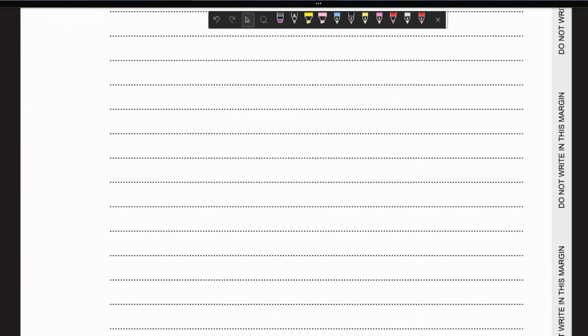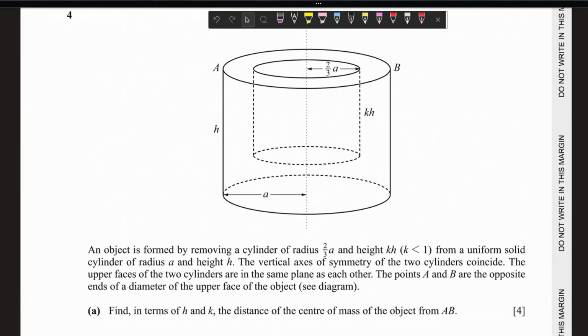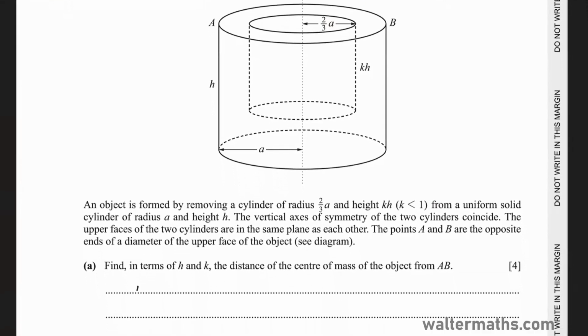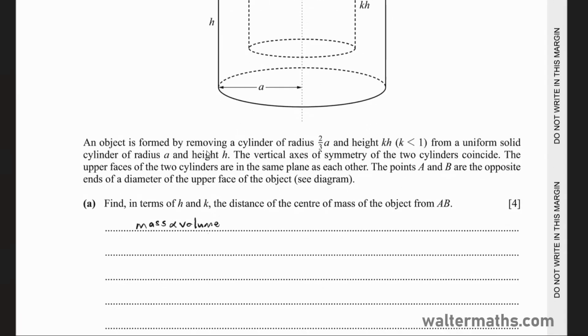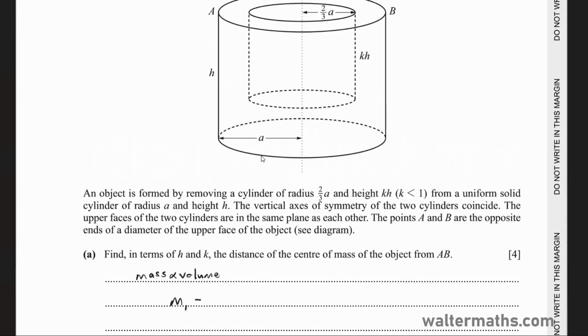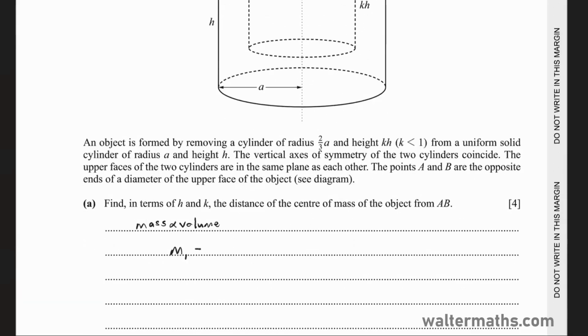All right. So in this particular situation, we are going to use the fact that mass is proportional to volume. And we're going to use the negative mass method. So we are going to have M1. M1 is the mass of the uniform solid cylinder.